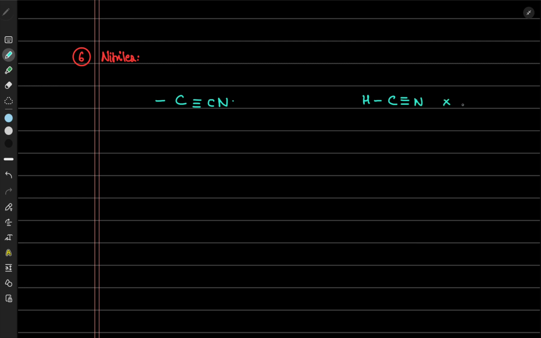The answer is no, it's not a nitrile. The reason being, a carbon needs to be bonded with a carbon, and that carbon needs to be bonded with nitrogen. Sorry, it's a carbon single bond carbon and a carbon triple bond nitrogen. This is the exact structure that it needs to follow. So yes, HCN is not a nitrile.